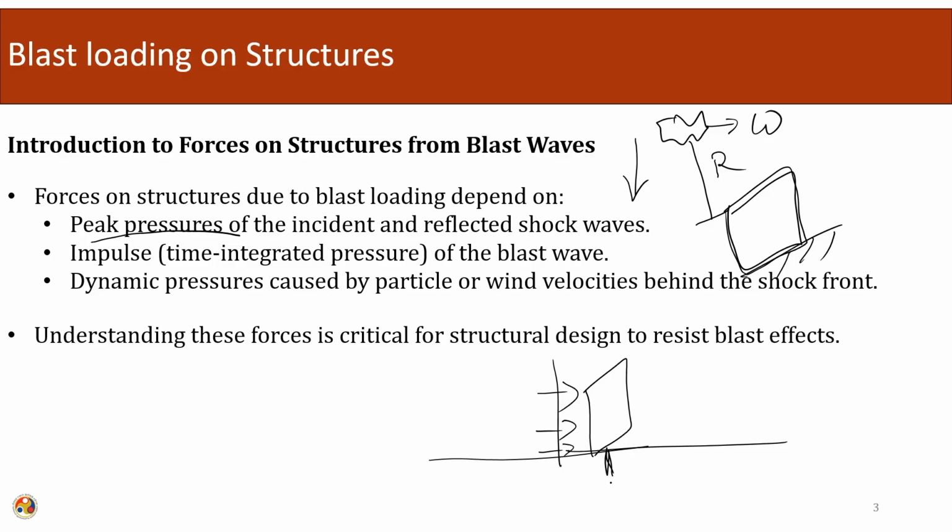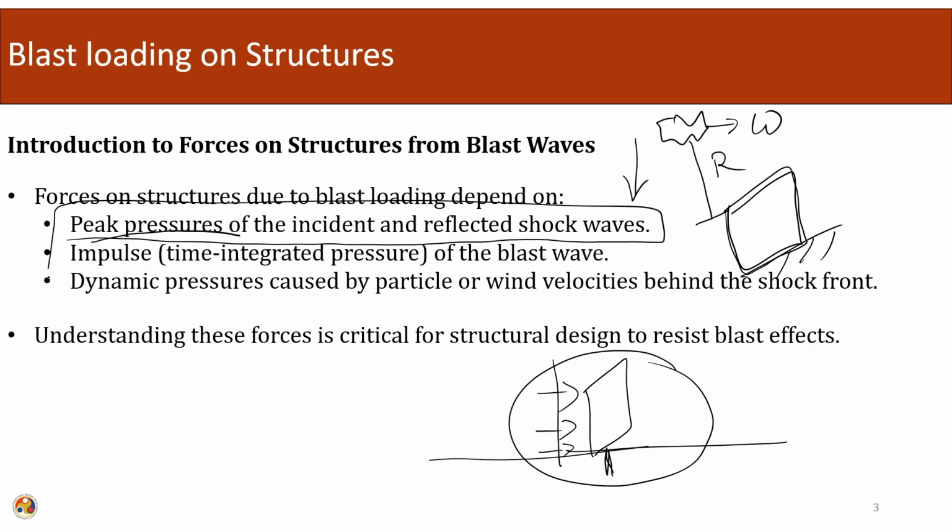Okay. So, considering all these things, the forces which the structure sees will depend upon the peak pressure of the incident and reflected shock waves. Okay. So, the forces that the structure will see will depend upon the incident and reflected shock waves, the pressure quantity of these things. Okay. It will also depend upon the impulse. Okay.